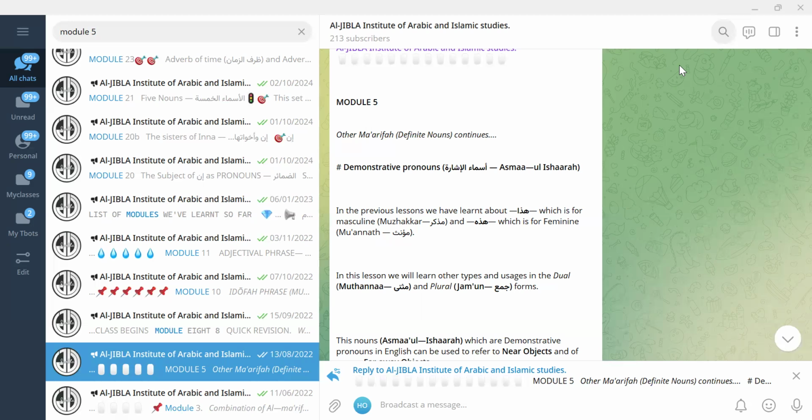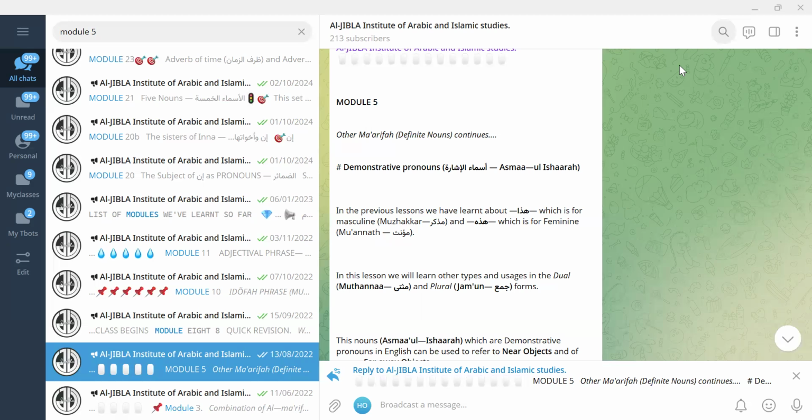So we are moving on today to module 5 of our lesson, which is about al-ma'rifa. We've been looking at the ma'rifa, definite nouns. We said the definite nouns are 7 of them. We have looked at al-alam, which is a proper noun. Then al-muhalla bil-alif lam, the noun that is attached to alif lam.